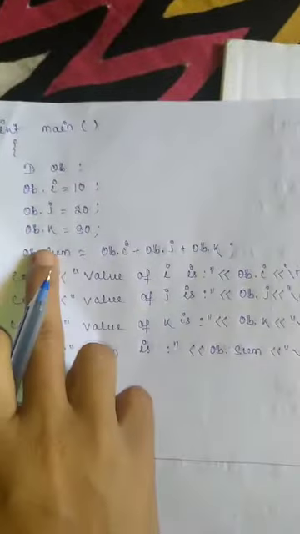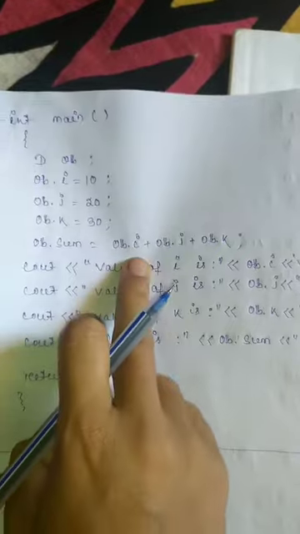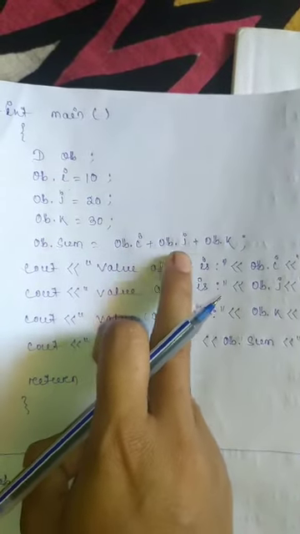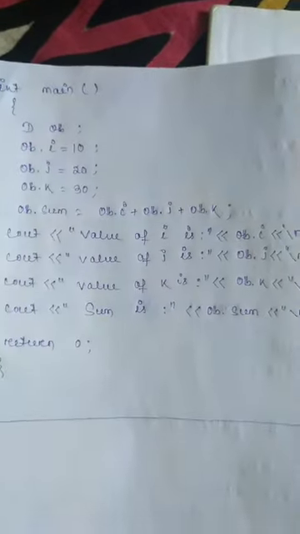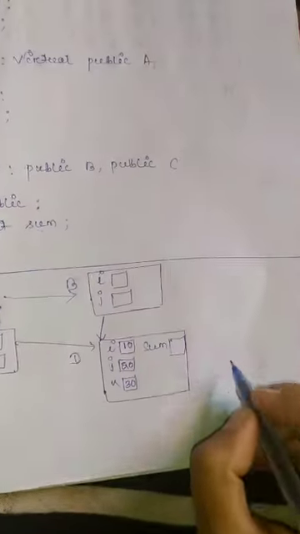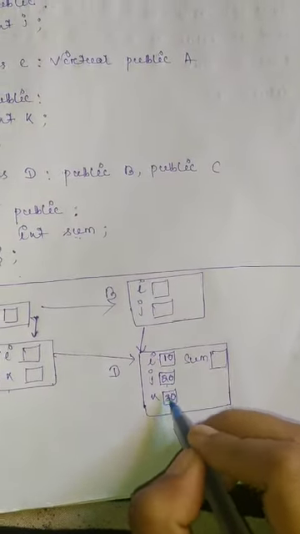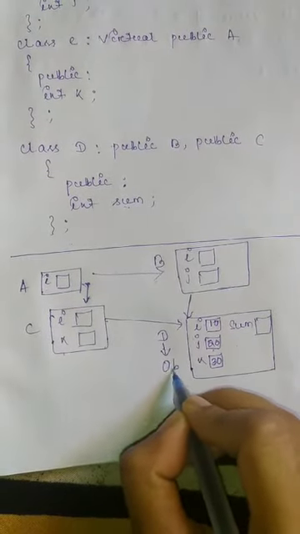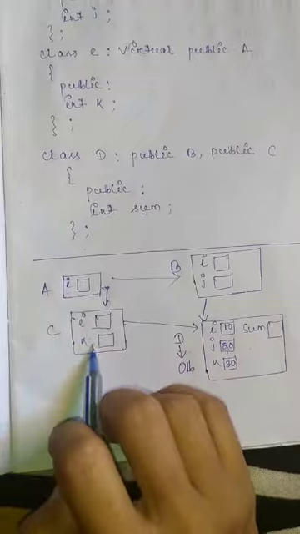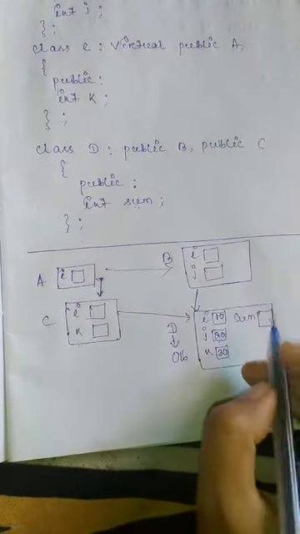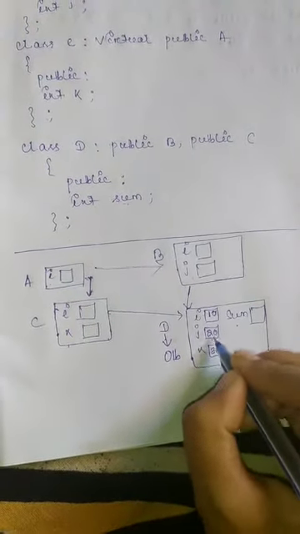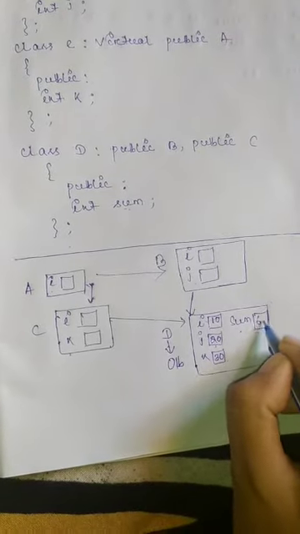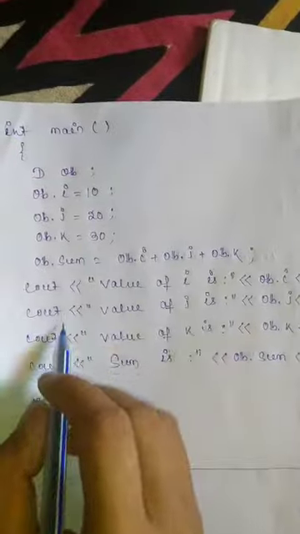Then the next line is OB dot sum equals OB dot I plus OB dot J plus OB dot K. OB is the object for D. So the sum is 60.